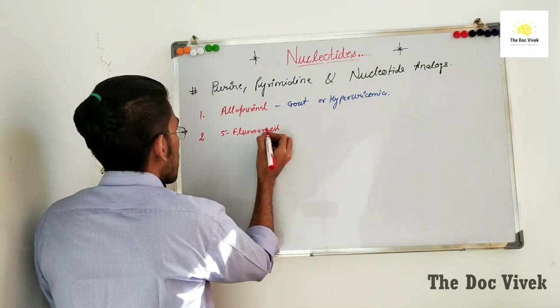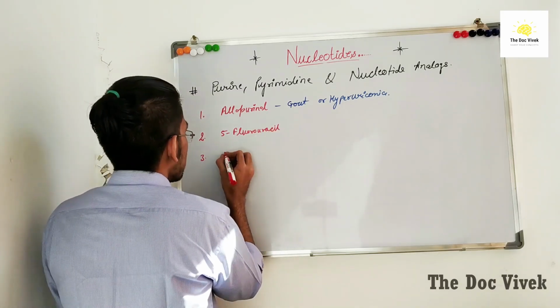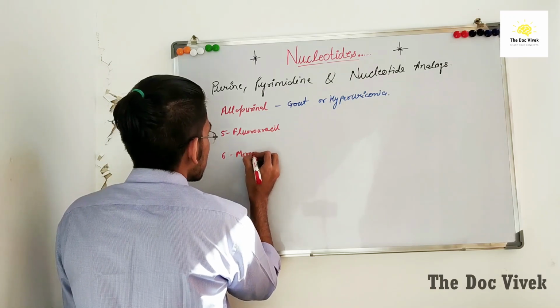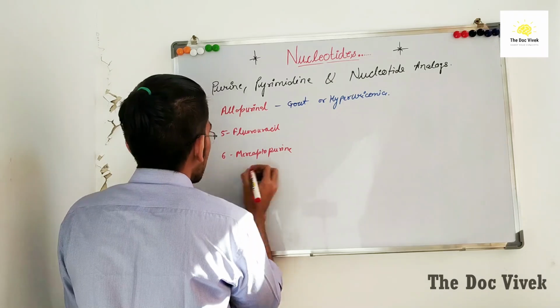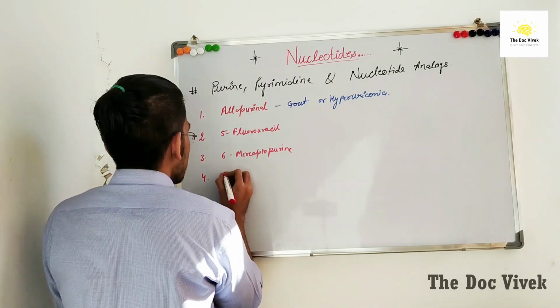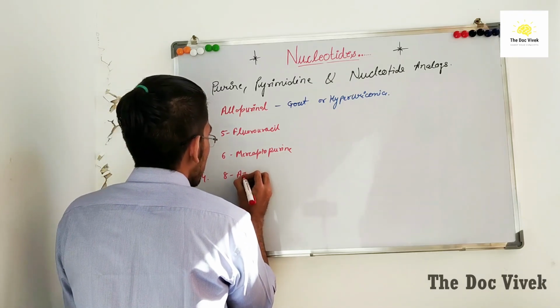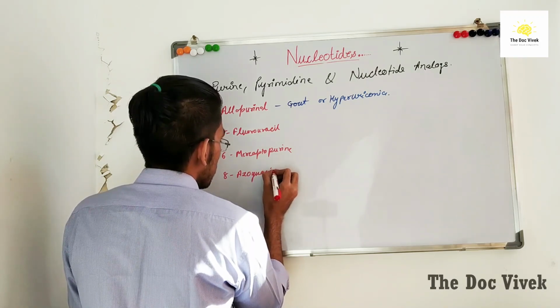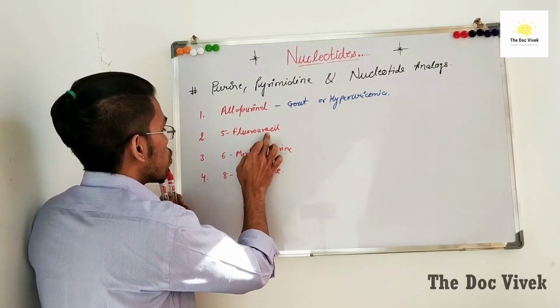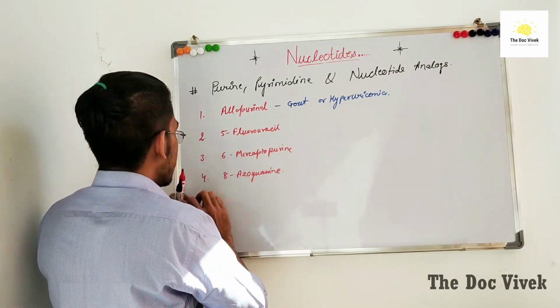Okay, the second one is 5-fluorouracil. The third one is 6-mercaptopurine, and the fourth one is 8-azoguanine.